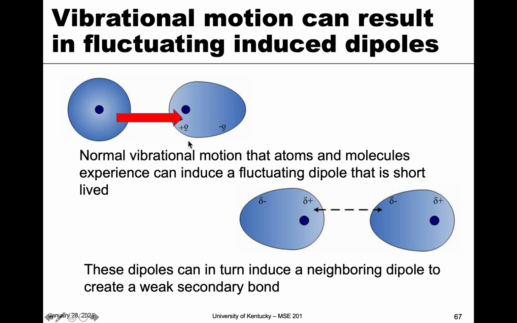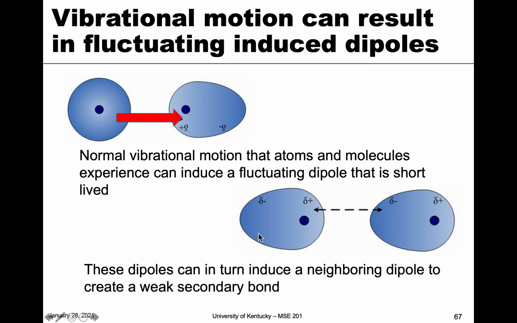And so momentarily, and we're talking very small amounts of time, that positive charge could vibrate and effectively move to one side of the molecule, and then the negative electron cloud becomes centered at the other side. Vibrational motion can result in what we call fluctuating induced dipoles.